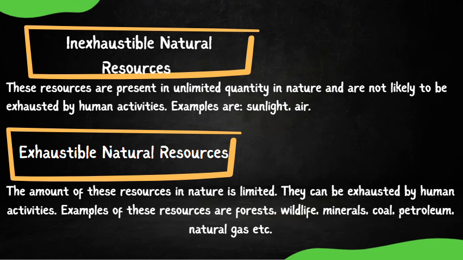Examples are sunlight and air, whereas exhaustible natural resources are limited in nature and they can be exhausted by human activities. Examples are forest, wildlife, minerals, coal, petroleum, natural gases. Basically, all the fossil fuels come under this category.